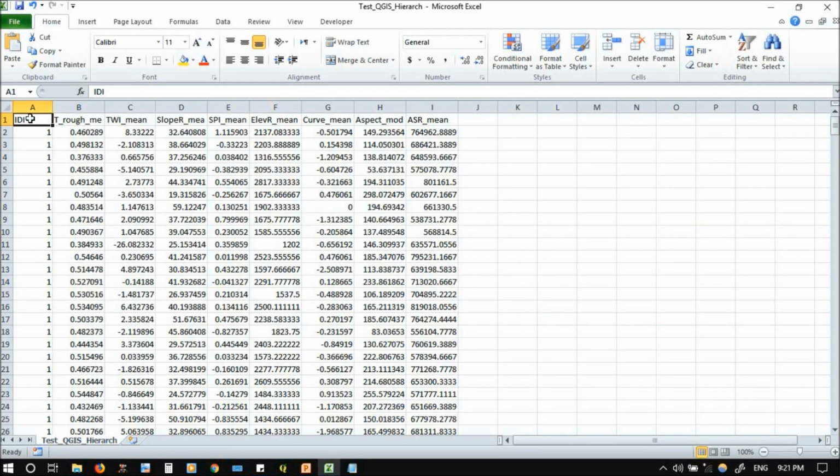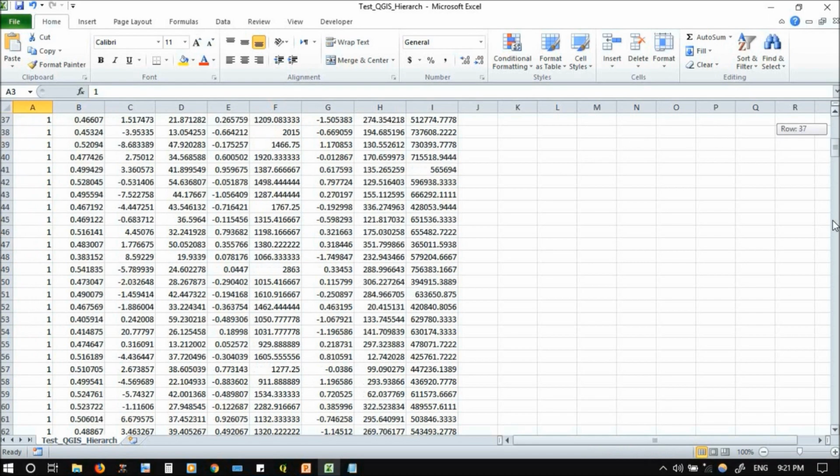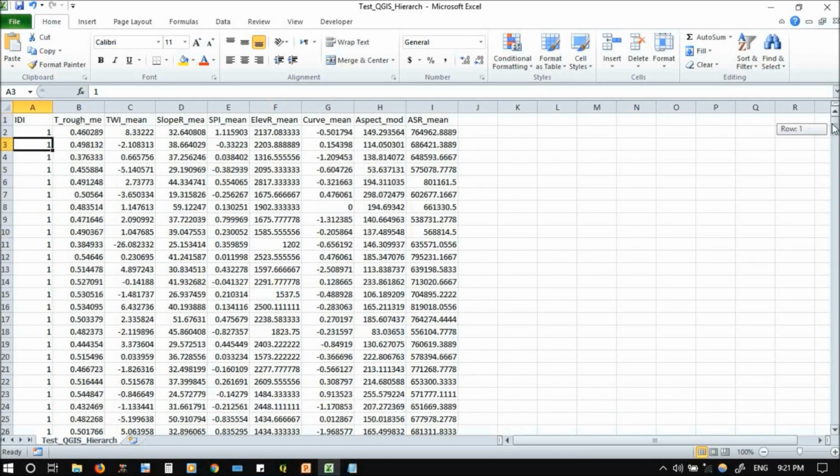You will have your dependent factor represented by units of 1 and 0, and you have the other independent factors like terrain roughness, or TWI, or elevation, curvature, or whatever, and they will be represented all together. So this data is now ready to be inserted into any package, either R or SPSS, to be used at the next level for the analysis algorithm.